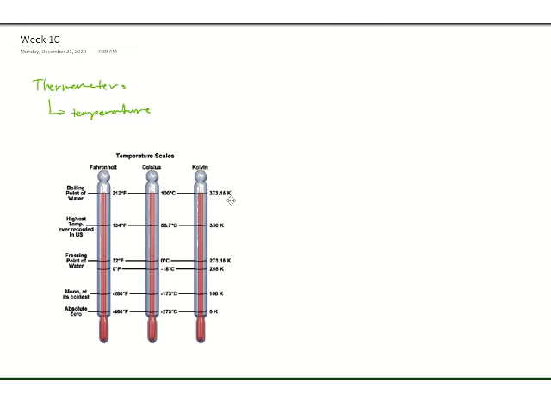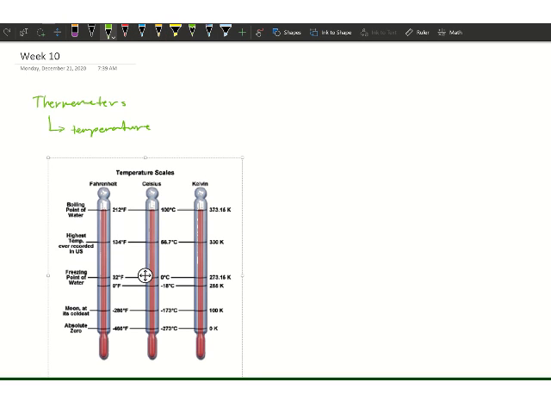Here, what we are already familiar with is Celsius.